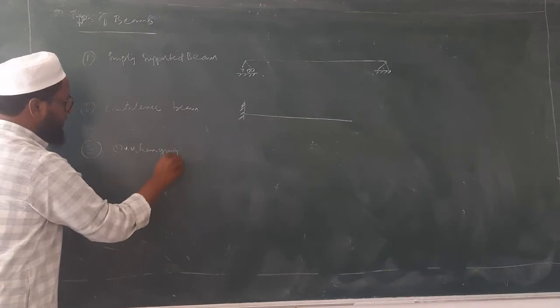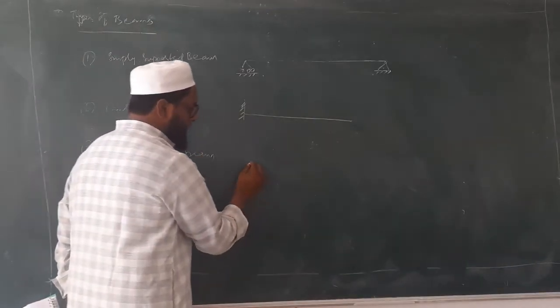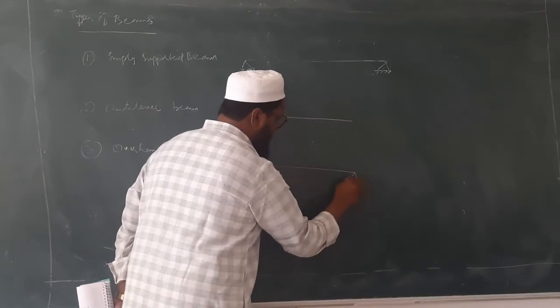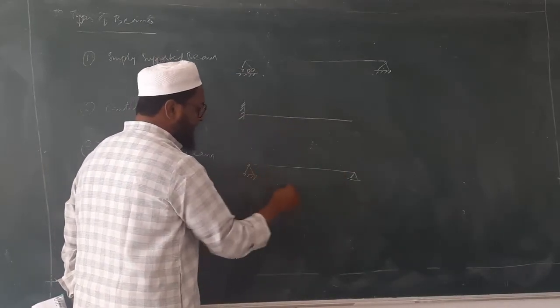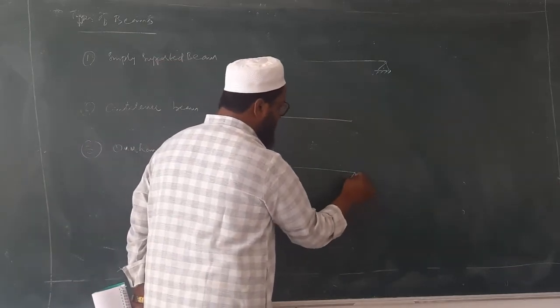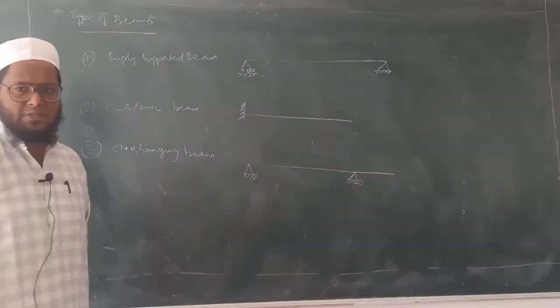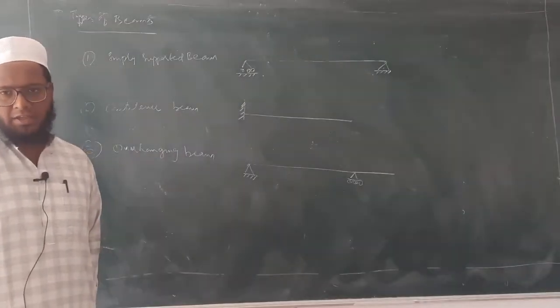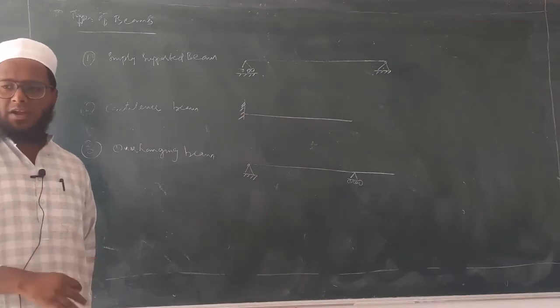Similarly we have overhanging beam. What do you mean by overhanging beam? The beam which projects away from the support, that is, the beam is projecting like this. Then this beam is said to be an overhanging beam, or else we can say it is the combination of simply supported beam and cantilever beam.